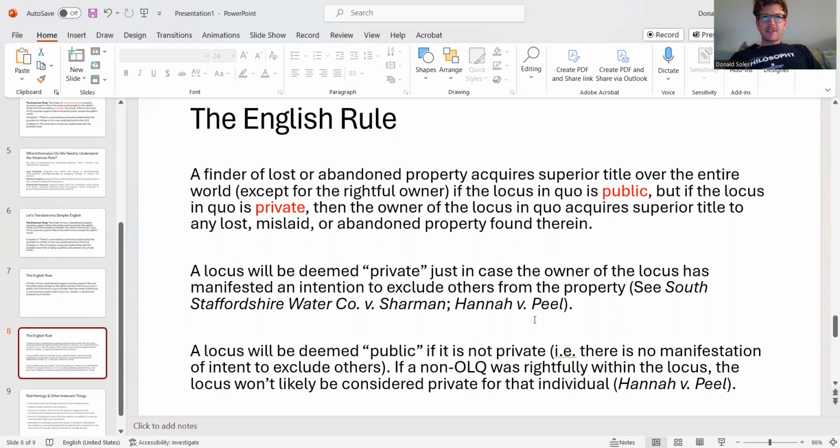If it's property that just looks like the previous owner was unintentionally dispossessed of it by dropping it or by it flying out of their pockets or by some other reason, it looks like the finder will prevail. And a finder prevails when abandoned property is found too. And I guess I should say, under the English rule, the finder of abandoned property will also prevail as long as the locus is public.